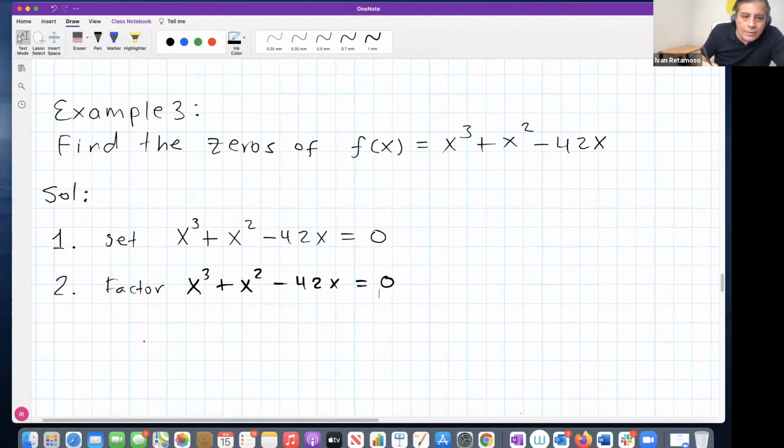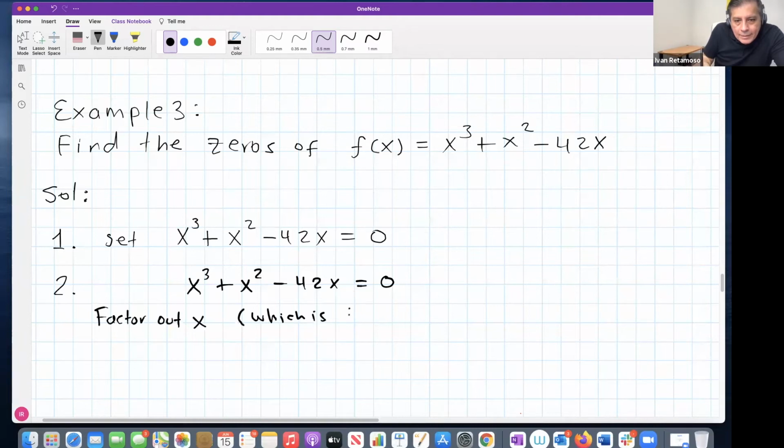So I'm going to factor out x, which is the GCF, the greatest common factor.